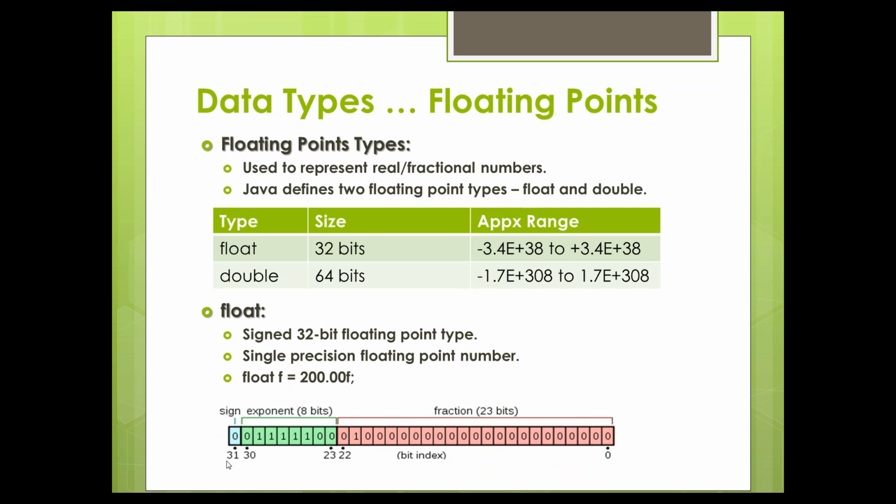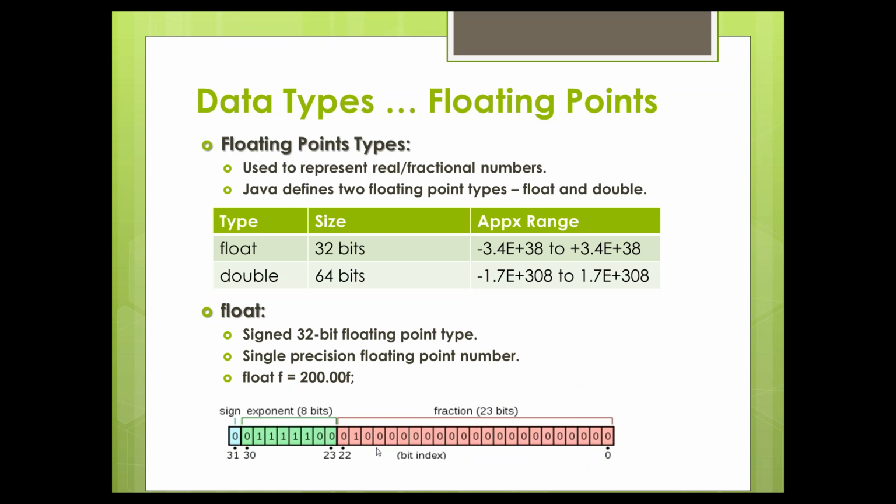If the most significant bit is 0, it means the number is a positive number, and if the most significant bit is 1, then the number represented in binary is a negative number.